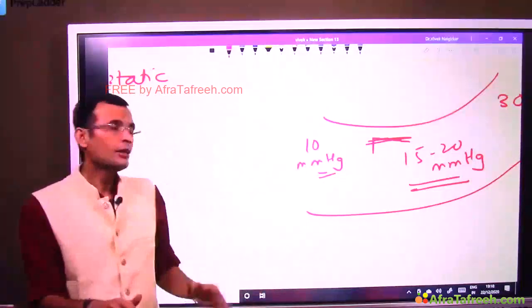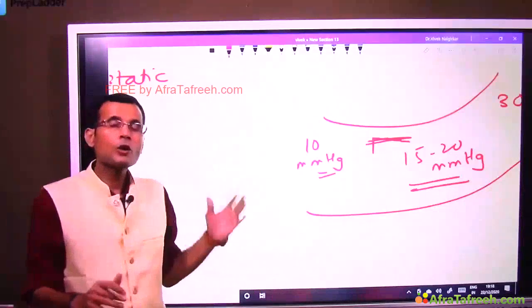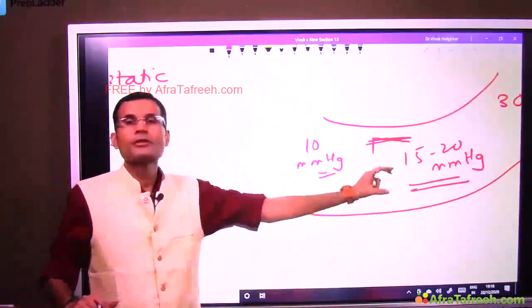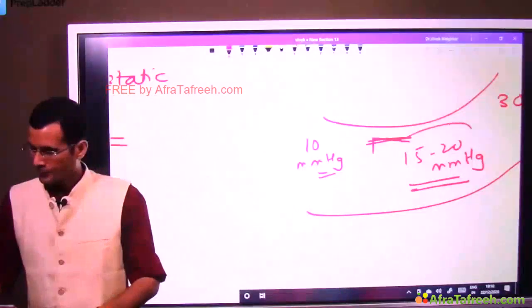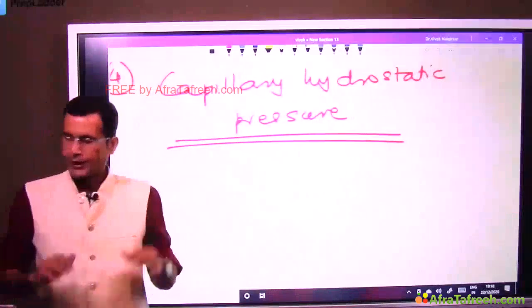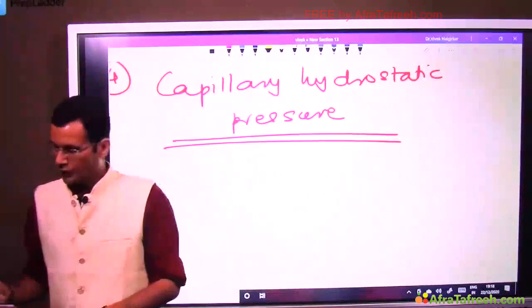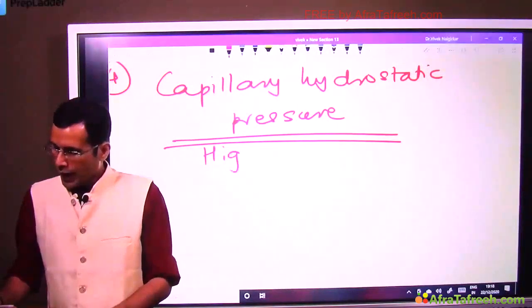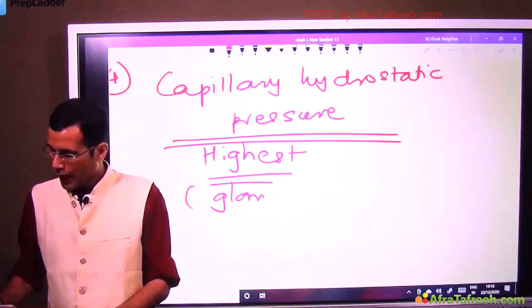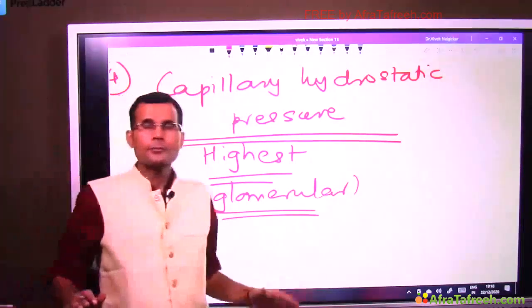In the kidney, the pressure in the glomerular capillaries is 3 to 4 times this pressure. So, capillary hydrostatic pressure is highest in the body in the glomerular capillaries. How much is it?